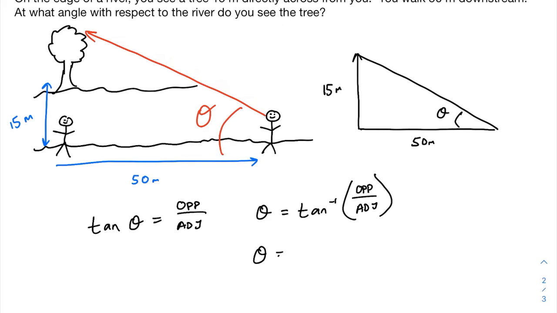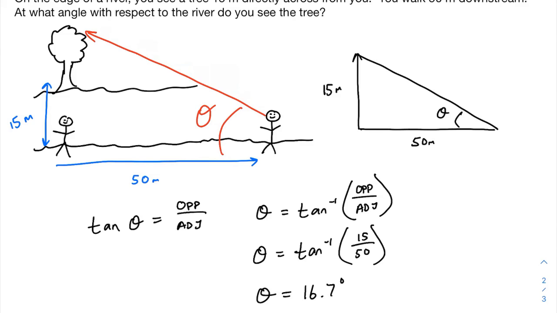So in this situation, I would take the ratio of 15 divided by 50, and then apply the inverse tangent function. You should try this out on your calculator. Make sure that you are in degree mode. You didn't have a wild radian night. And you should get an angle of 16.7 degrees.